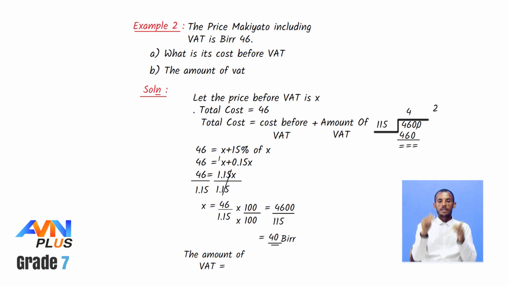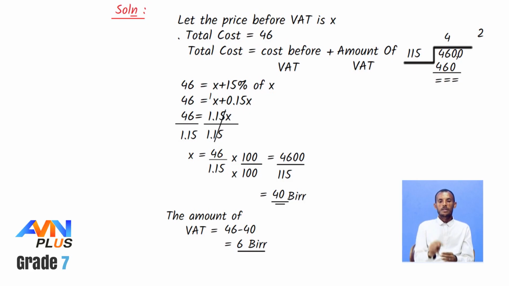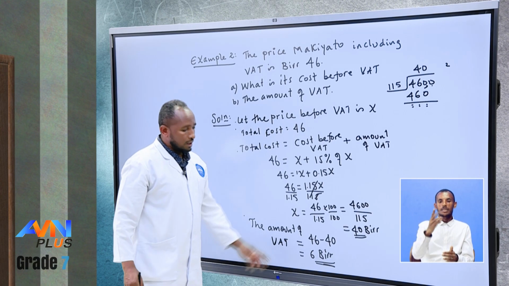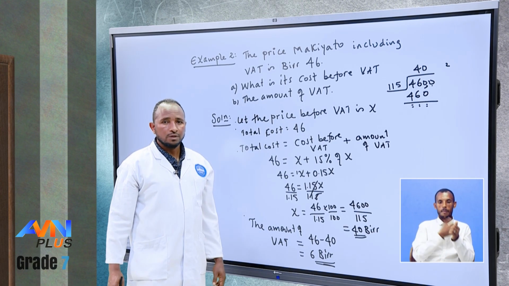The total cost including VAT minus the price before VAT gives you the amount of VAT. So this difference gives us 6. So this will be the amount of VAT. That's it. Now we'll proceed to the next concept.